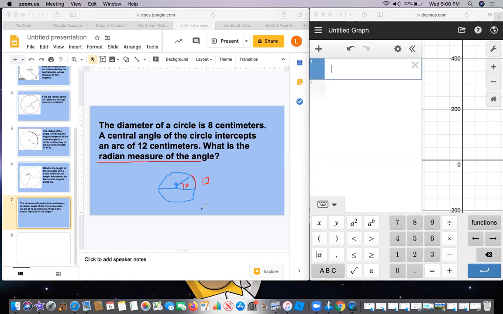And we know that the diameter is always twice the radius, therefore the radius should be half of the diameter. Take note of that. Since this problem involves the arc length, we will use the formula of the arc length. The arc length is just a part of the circumference.